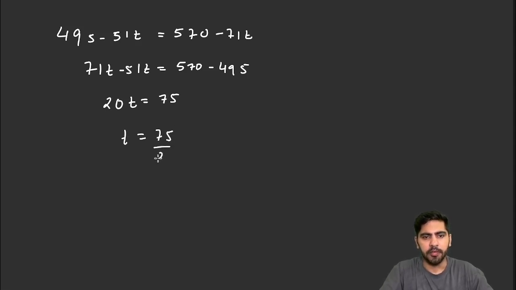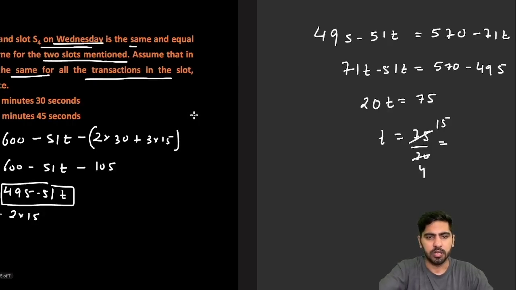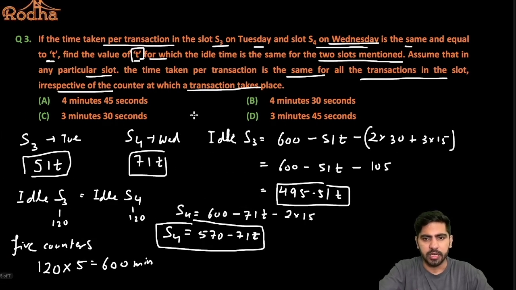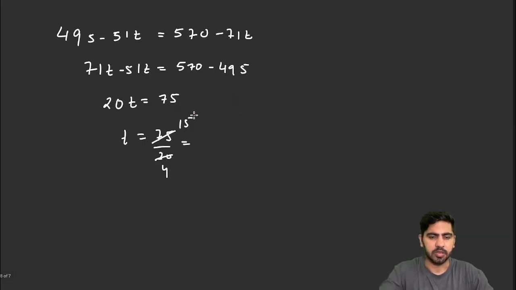Remember, we are working in minutes. So I can simplify this: 75 upon 20 is 15 by 4. If you look at the options, it's in minutes and seconds.